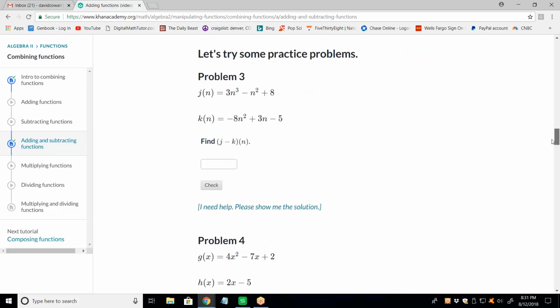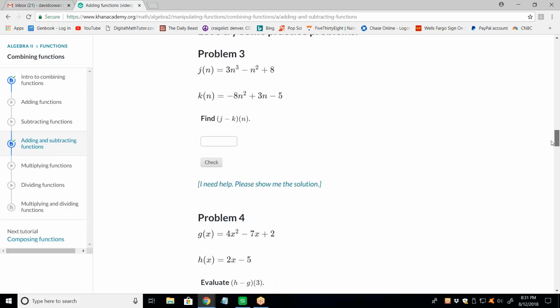Here we have two different functions, j of n and k of n. Tell me what j minus k of n is. Okay, so it would be 3n cubed. Oh, excuse me, I didn't notice we were dealing with cubes here.